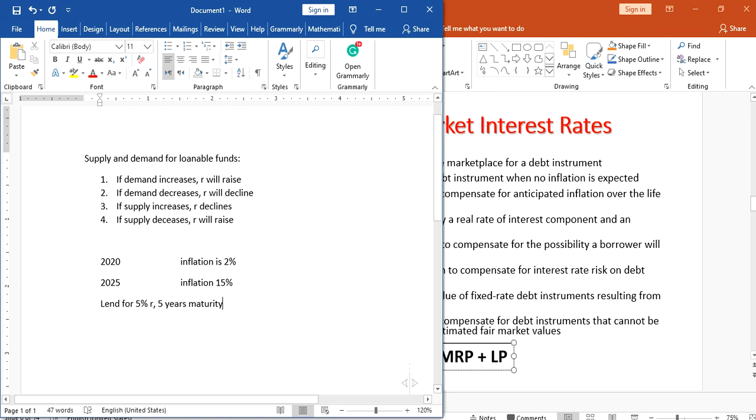But inflation has risen by 13%. So the money which I get back with interest does not have the power it had in 2020. Inflation is a kind of loss of the purchasing power of money.